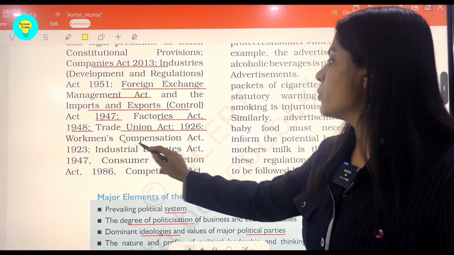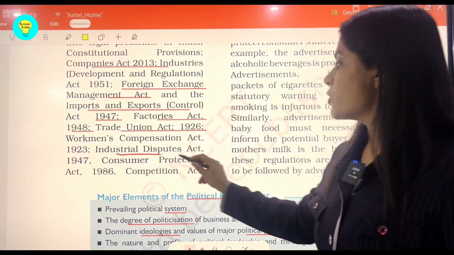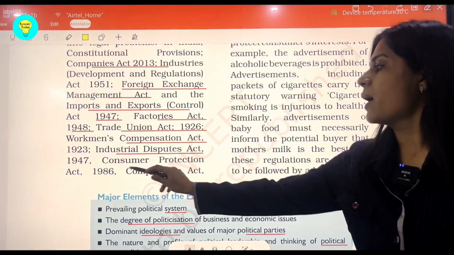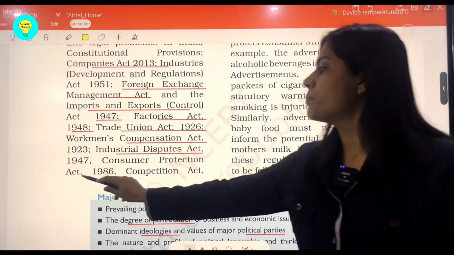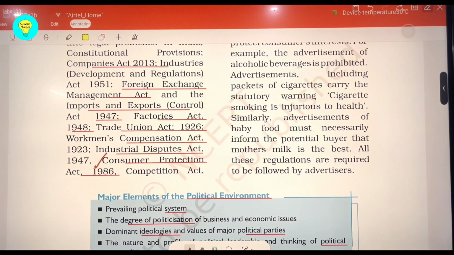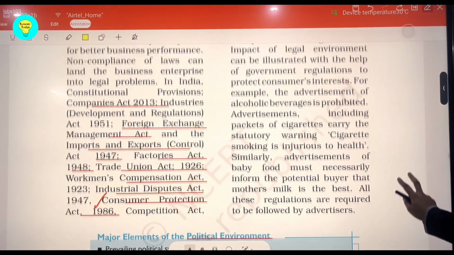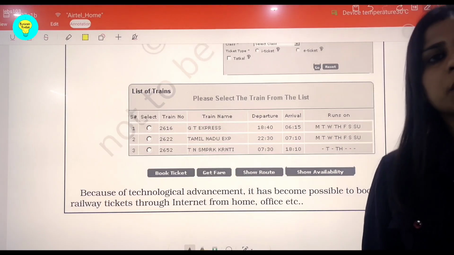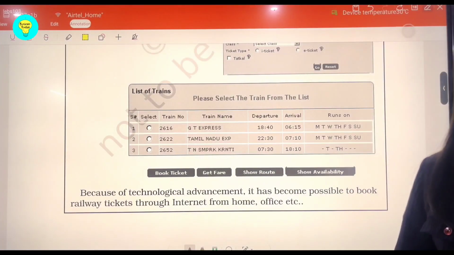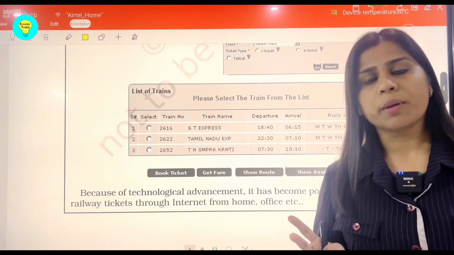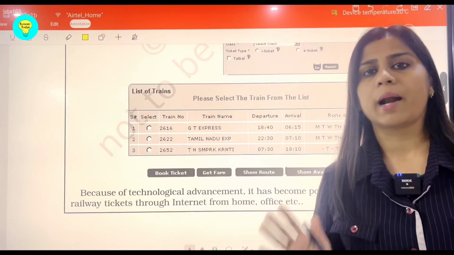So wherever you get a question on the legal aspect of the business environment, there will be some acts, particularly those which are also part of your syllabus, like Consumer Protection Act 1986. So this is all about this segment, students. Be aware and remember these dimensions in the form of PESTLE: political, economical, social, technological and legal.